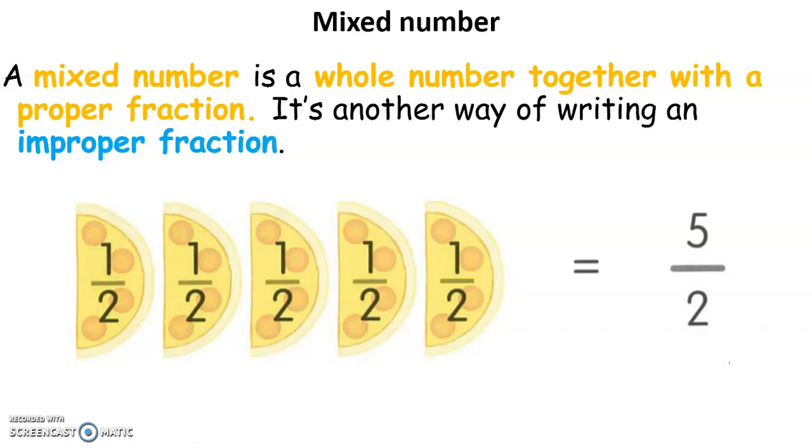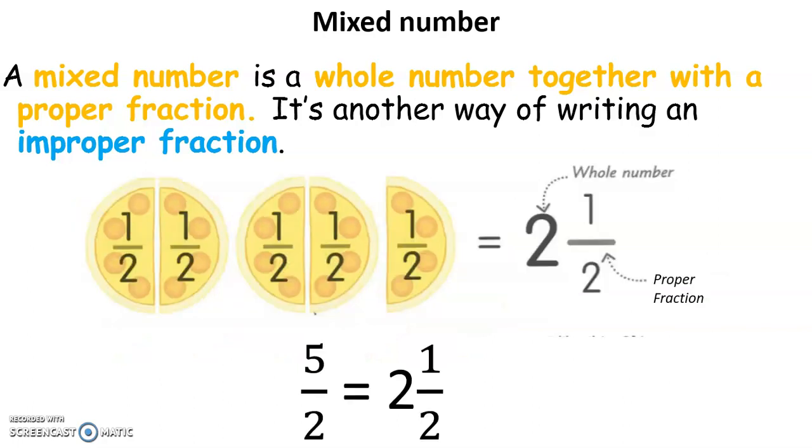Okay, I'm going to continue. So if we have a look at what we had before, we had 5 parts out of 5 halves, or 5/2. Now what I've actually done with the pictures is I've turned them around so that these 2 halves look like a whole pizza, these 2 halves look like a whole pizza, and then I've got a half on its own.